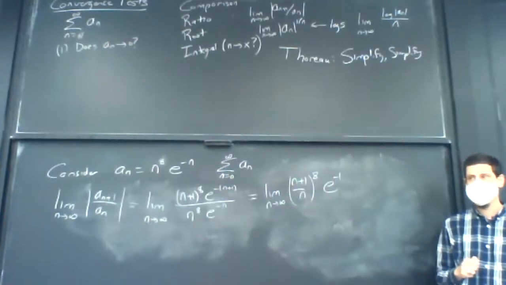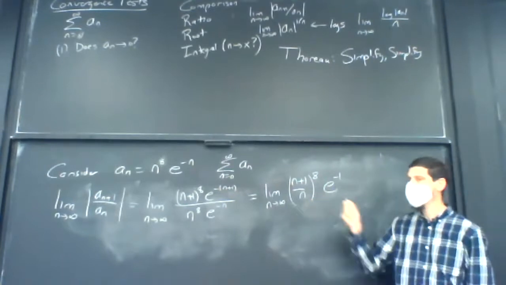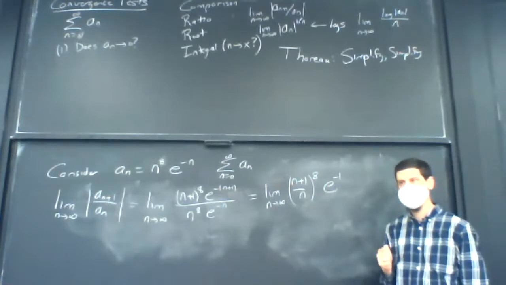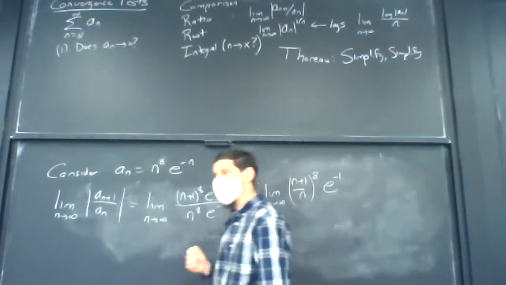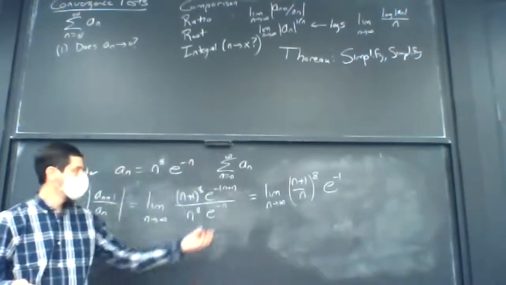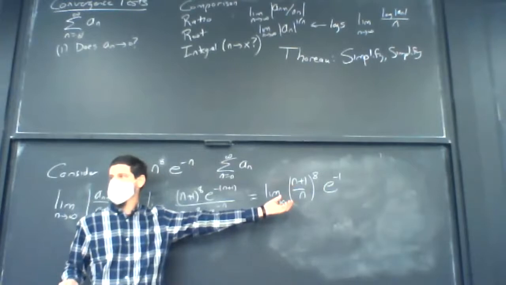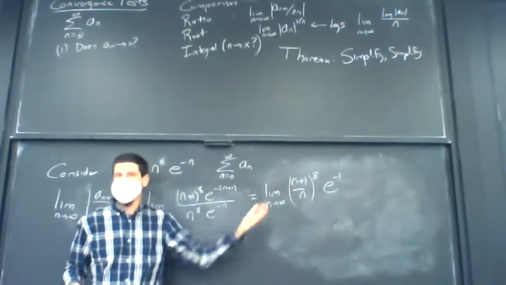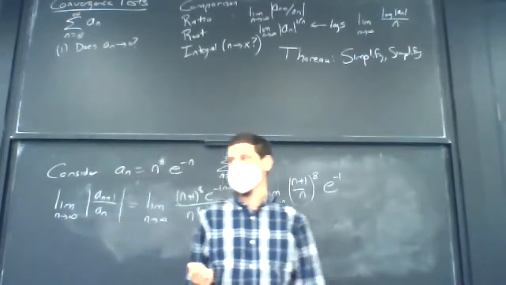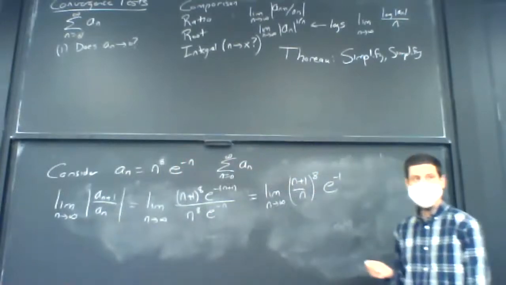So what is n plus 1 over n going to? Well, n plus 1 over n goes to just 1. But I have it to the 8th power. It's still going to go to 1.